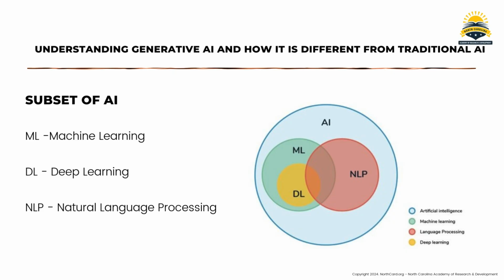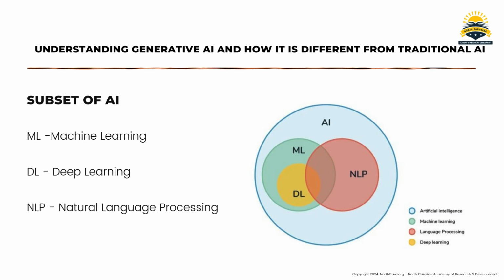Natural language processing, or NLP, is another crucial area within AI. It sits at the intersection of AI and linguistics and focuses on the interaction between computers and human language. NLP uses ML and DL techniques to understand, interpret, and generate human language, enabling applications like language translation, sentiment analysis, and voice assistance.